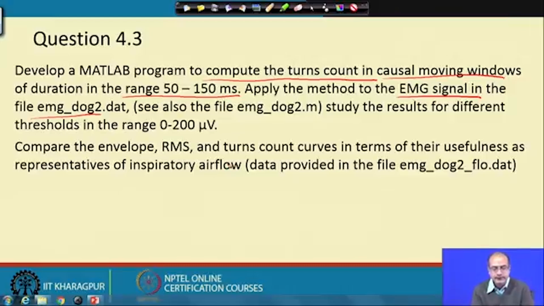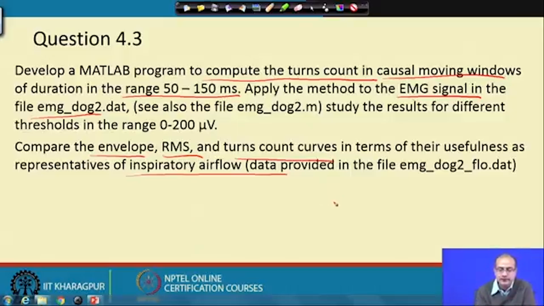Compare the envelope, RMS and turns count in their form and usefulness, along with the inspiratory air flow, which is giving the amount of activity that is done.